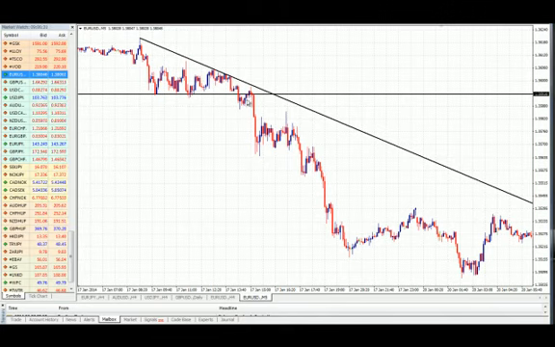And when we get this indecisive candle and then a new red candle to the downside, we can actually go and buy puts on this currency pair.